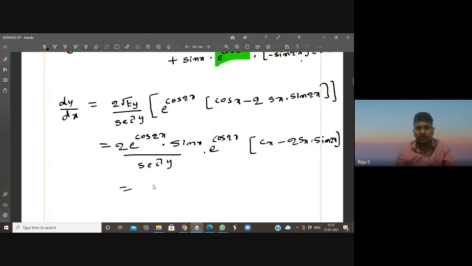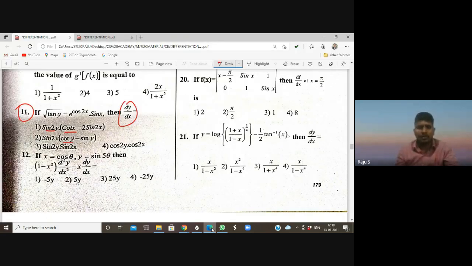This is equal to 2 e to the power of cos 2x the whole square into sin x by secant square y into cos x minus 2 sin 2x.